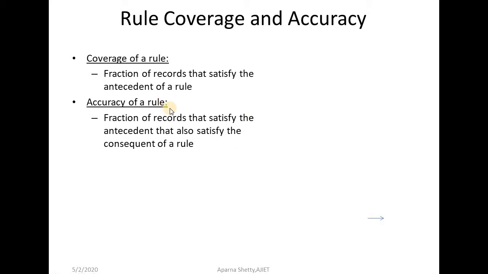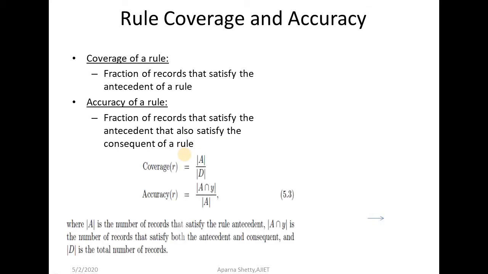Okay, next, accuracy. Fraction of records that satisfy the antecedent that also satisfy the consequent of the rule. So, fraction of records that satisfy the antecedent and which also satisfies the consequent of the rule is called as accuracy of the rule.